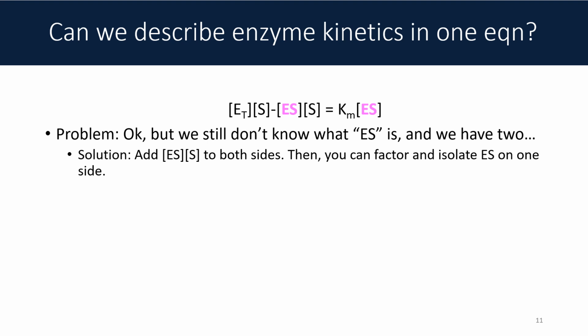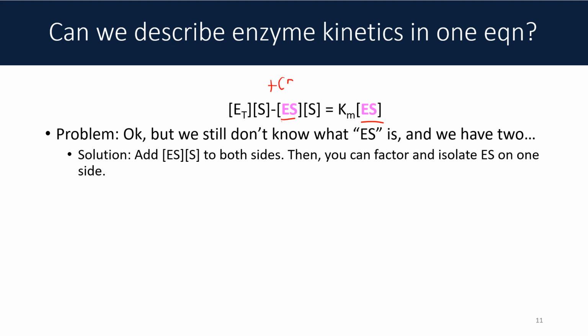The next hurdle we need to overcome is this ES term that I've highlighted in pink. We don't know the concentration of ES. That's a very small number, and it's going to be hard to measure. So how do we fix that? Well, we can add this ES S term to both sides and then group these pesky ES's together. That will look like this.